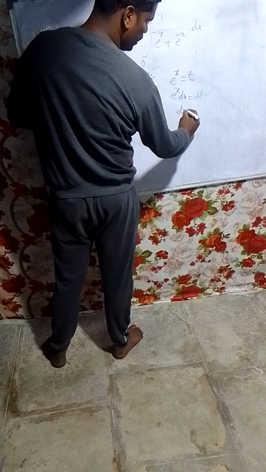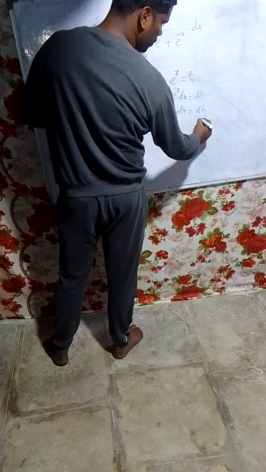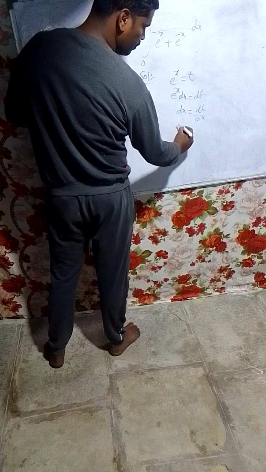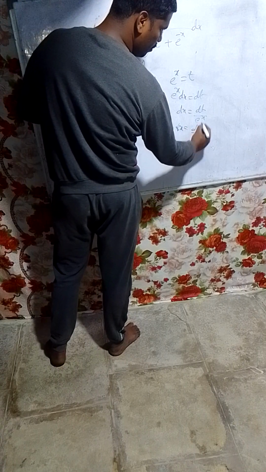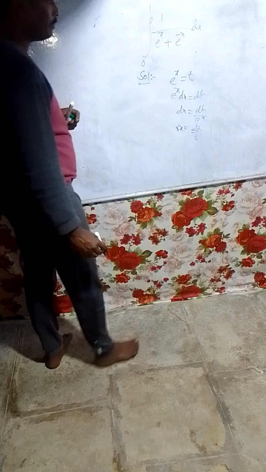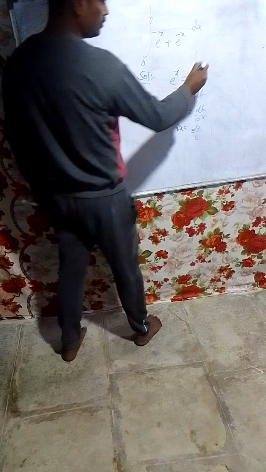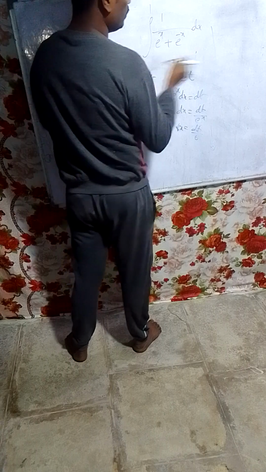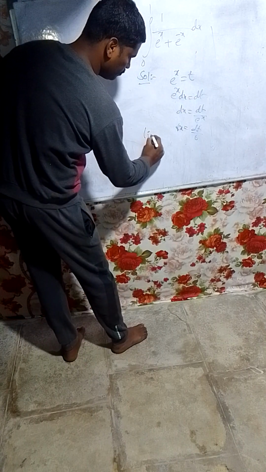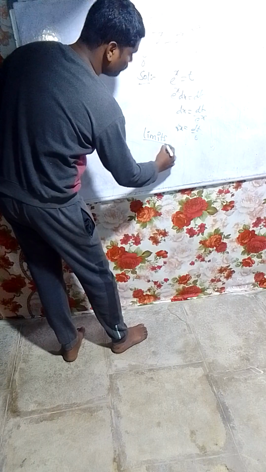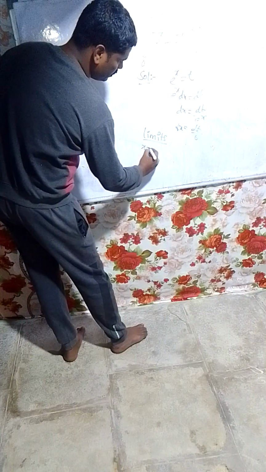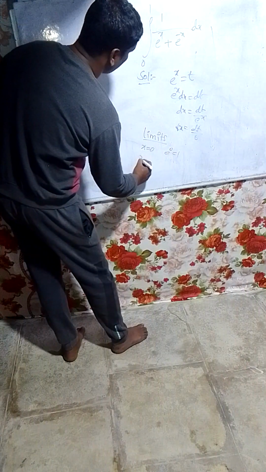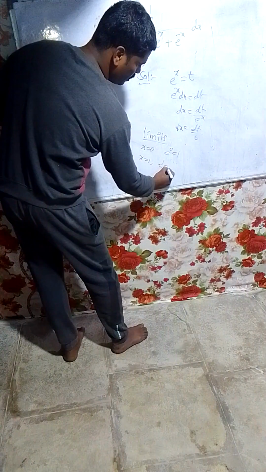See, dx equal to dt by e power of x. Dx equal to dt by t. Limits: x is 0, e power of 0 is 1, x is 1, e power of 1 is e.